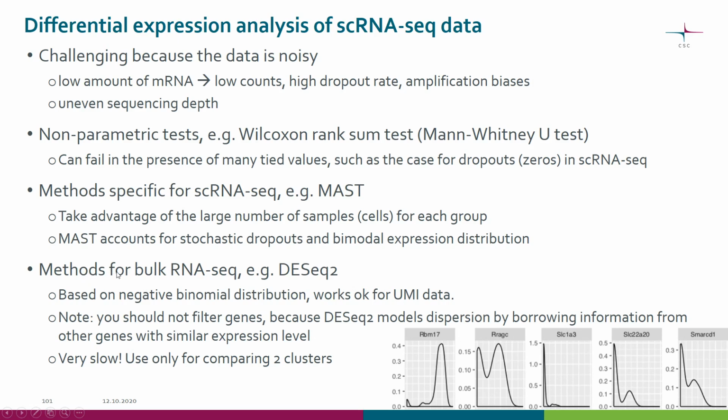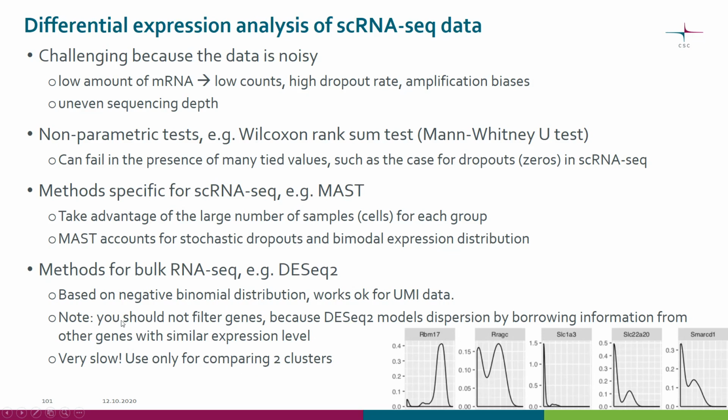Then there are also methods for bulk or total RNA-seq that you may have used, such as DESeq2. These tests are based on the negative binomial distribution, and they seem to work okay for UMI data. However, DESeq2 is actually very slow if you use all the cells in your dataset, so we have disabled that, but it's available for comparing gene expression between two clusters.